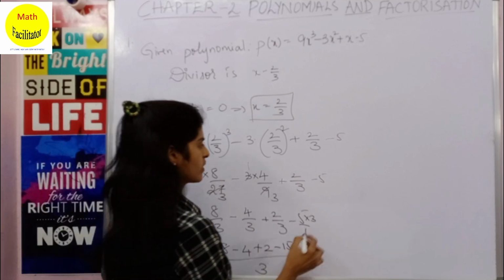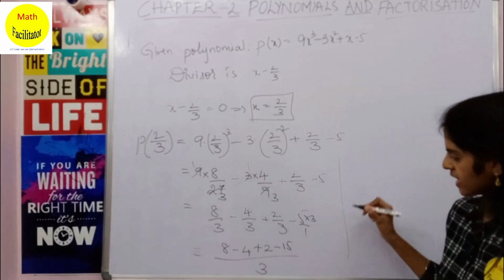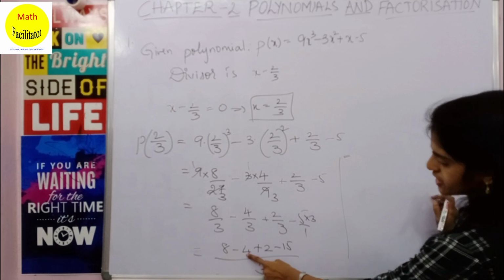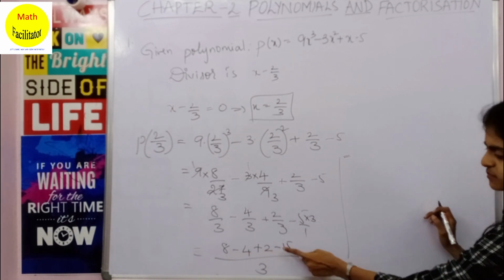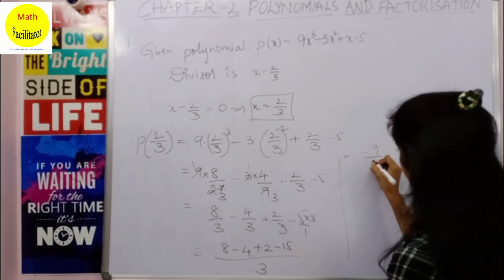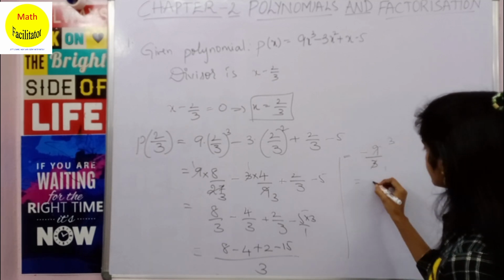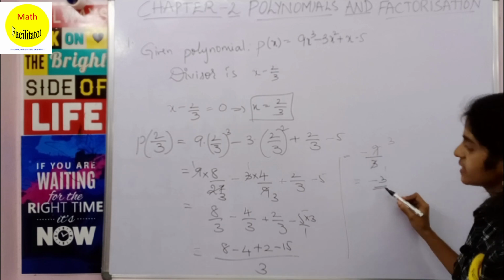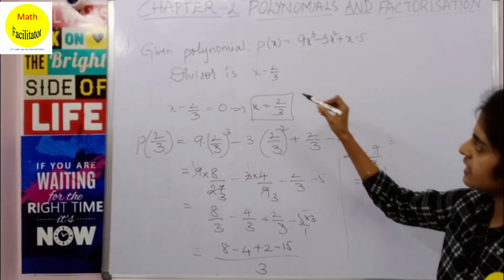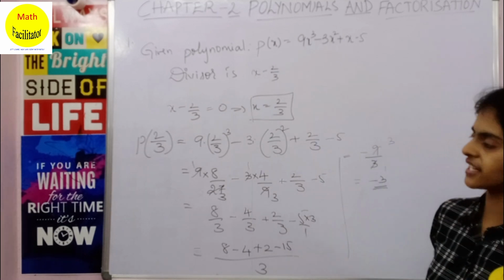Clear? So now what is the answer? It is 8 minus 4 is 4, 4 plus 2 is 6, 6 minus 15 is minus 9 by 3. Again simplifying, 3 ones are 3, 3 threes are 9, so it is minus 3. So the remainder is minus 3 when this polynomial is divided by x minus 2 by 3.